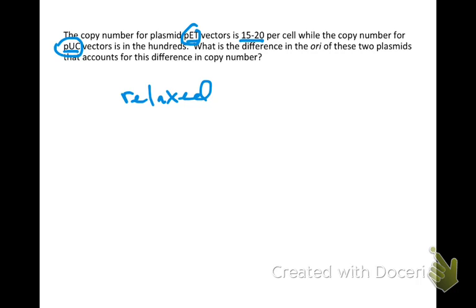Both of them have nearly exactly the same origin. They have the pMB1 type ColE1 origin, and the only difference is that the pUC vector has 2 mutations in the origin that allow it to be replicated to a higher copy number than the pET vector.